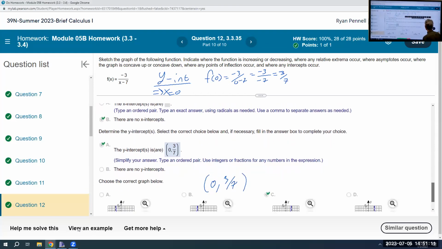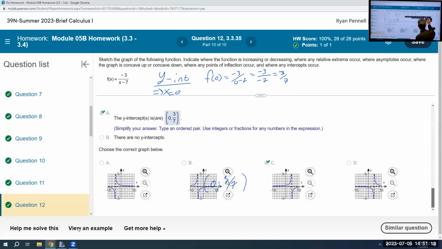Is that all the questions? Oh, and then the last one was, what does the graph look like? You can use the graphing calculator, and that's fine. It's pretty easy to pick out. This is why this homework took me so much more time, because of all those parts, right? So, look out for that.